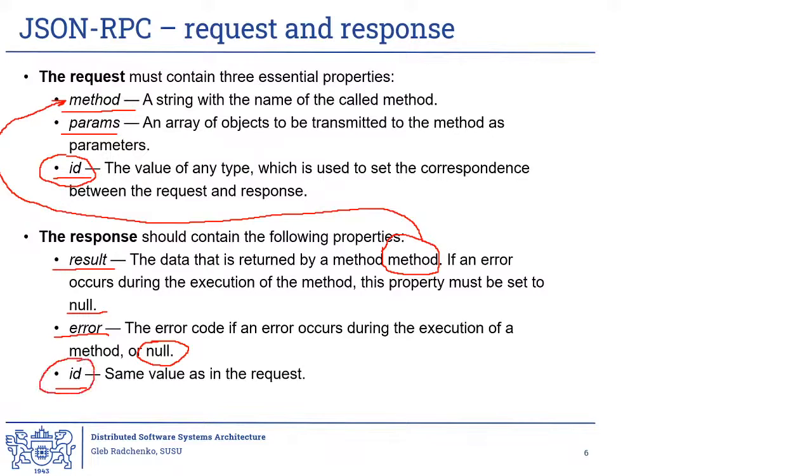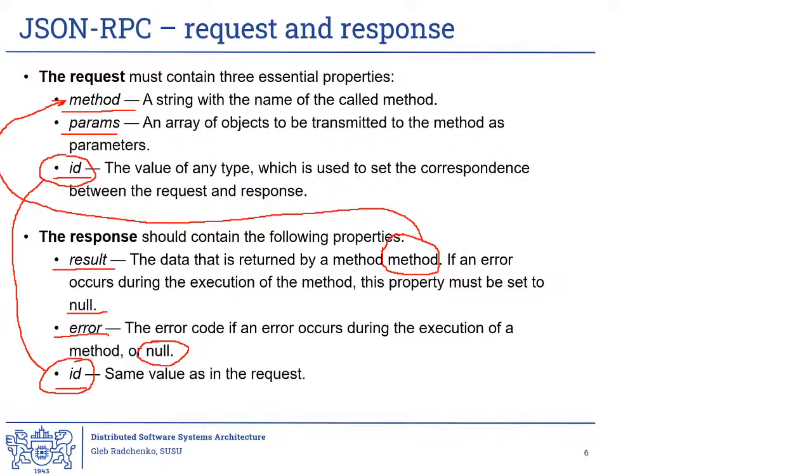The ID should be the same value as the ID that we sent to the server. That is how our client understands that the server sent the result of the execution for the message that we sent using this ID.